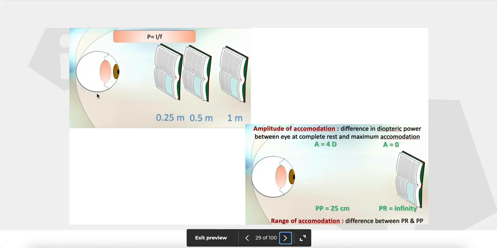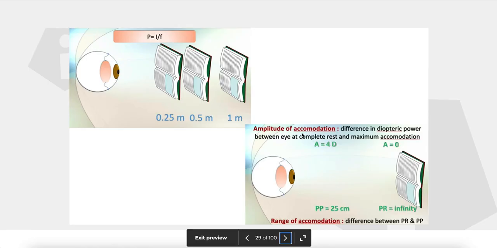The amplitude of accommodation is the difference in the dioptric power between the eye at rest and at maximum accommodation. So let's say that the maximum accommodation of this eye is about 4 diopters, making it see an object at 25 centimeters clearly. And this is an emmetropic eye, so the punctum remotum is at infinity, at which the accommodation is 0.